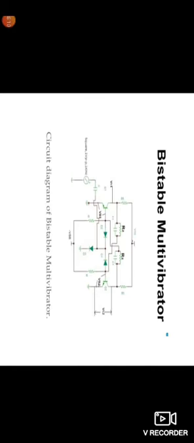The main condition is that Q2 is on, so the potential across the collector terminal, at point B, decreases, and this point is connected to the base of the transistor Q1.